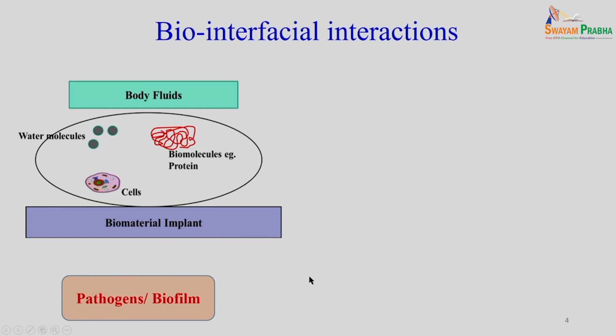So, as I told, particularly in the case of a biomaterial or implant, we see the material surface, this is your outermost surface, and this is the body fluid. So, there will be different interactions: surface water interaction, surface protein interaction, and cell surface interactions.